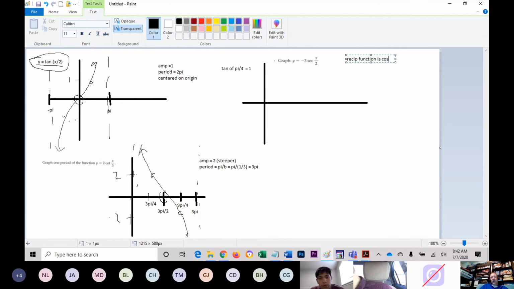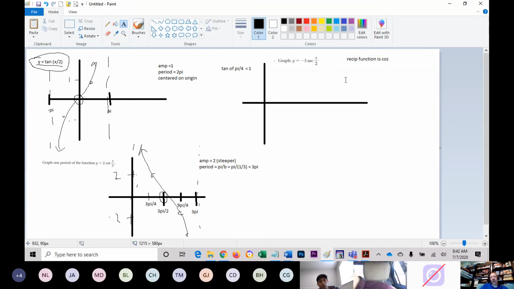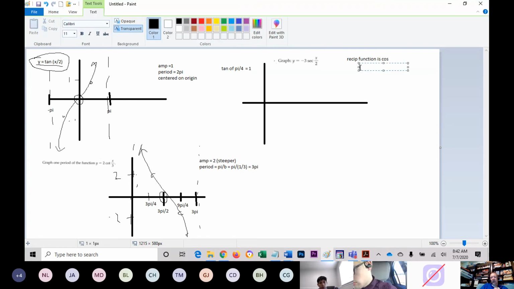So it may be easier to draw the -3 cosine of x over 2 first, and then draw the secant. Does that make sense? Yeah. Okay.